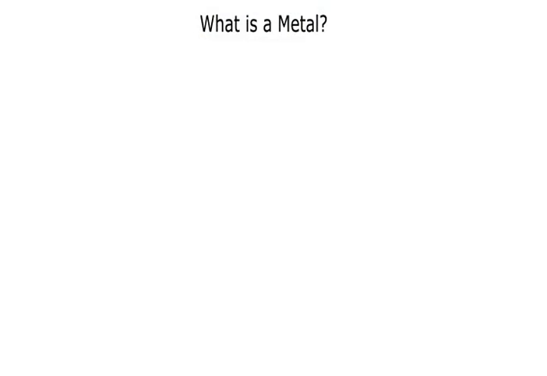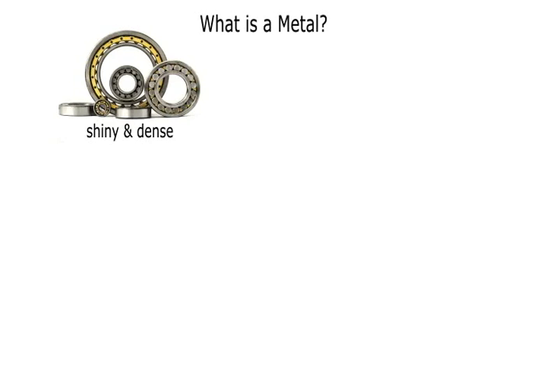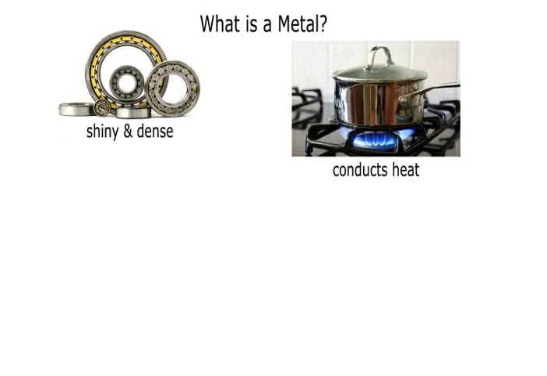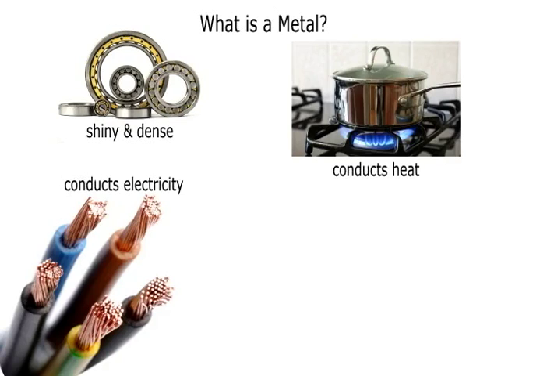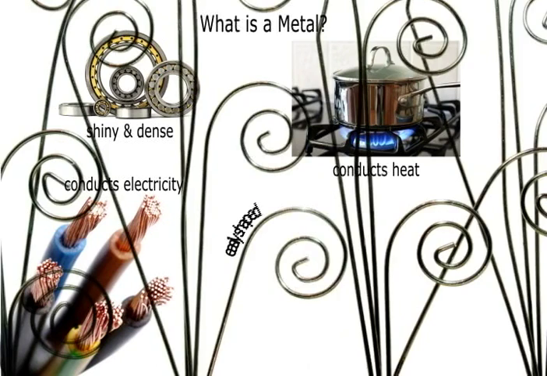But scientists also define metals by how they appear or behave. In general, scientists define a metal as something shiny and dense, something that conducts heat easily, like a pot or a pan. It conducts electricity well, like wires, and they can be easily shaped without breaking. Just exactly what you always thought a metal was.